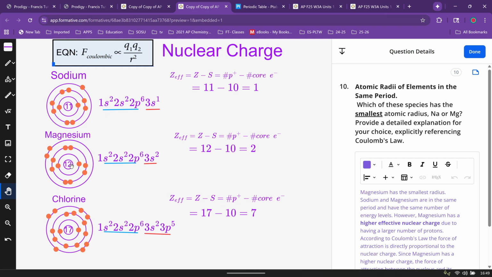So we notice magnesium has more protons, but it also has the same number of energy levels. What does that mean? It means that the force of attraction is going to be greater between the valence electrons and the nucleus in magnesium than between the valence electron and nucleus of sodium. And so that's what we're looking at there.